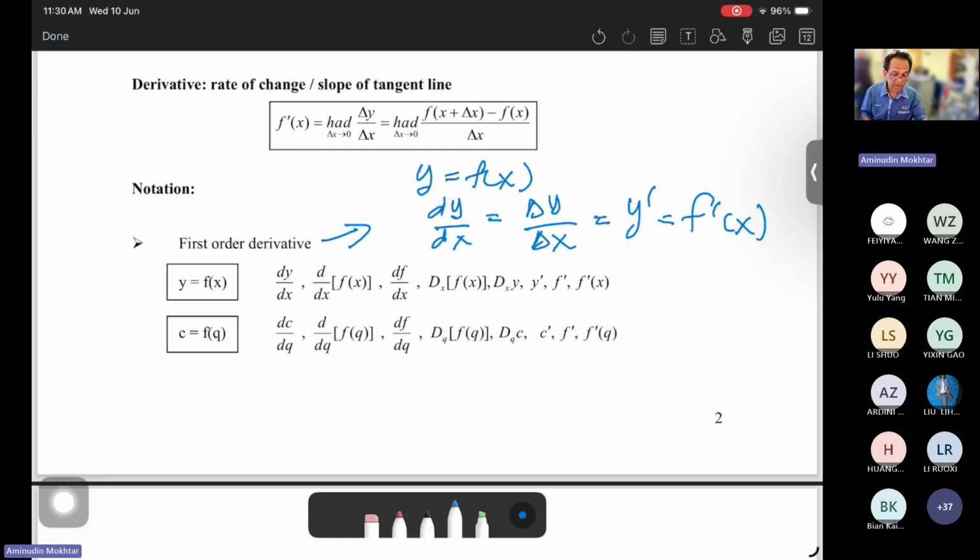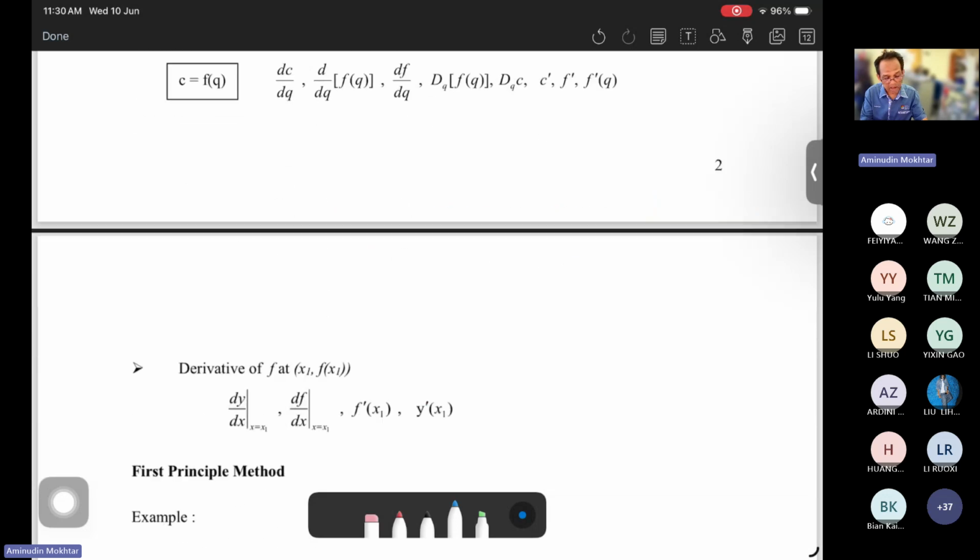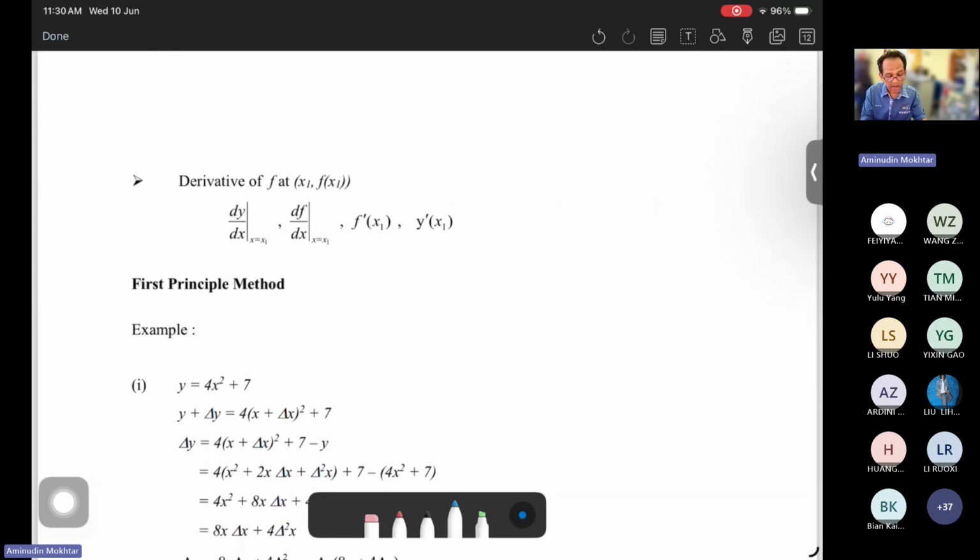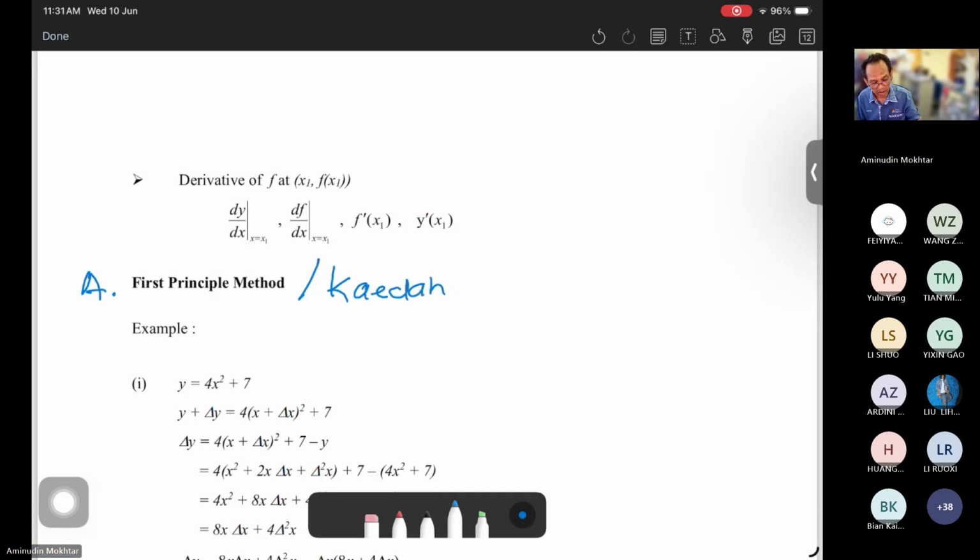Okay, how to find the derivative? How to calculate the derivative? Basically, there are two methods to find the derivative. The first one we call the first principle method, kaedah prinsip pertama, in bahasa Melayu.